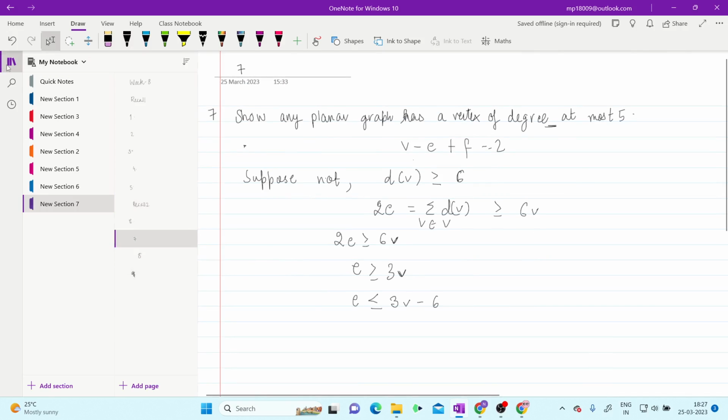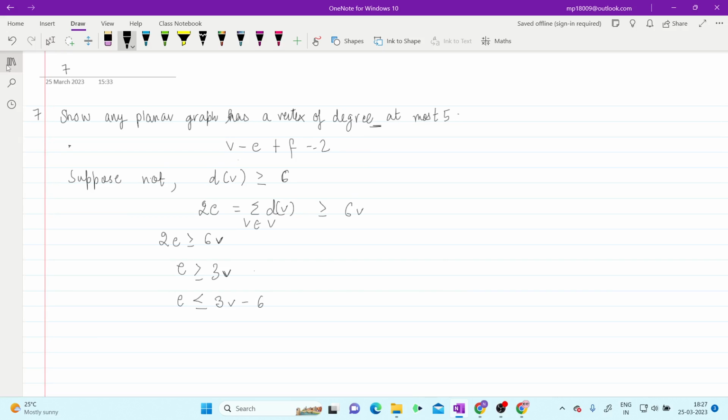Both these statements cannot simultaneously hold. Therefore, we get a contradiction, and therefore we have at least one vertex whose degree is less than or equal to 5.